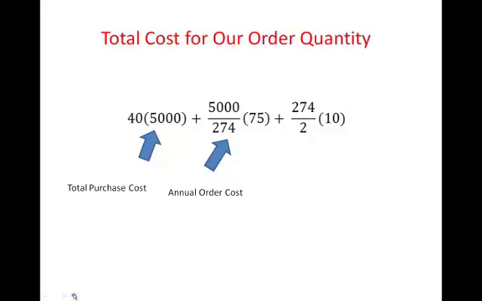Then we want to calculate our annual holding cost. We'll take our order size of 274 and divide by 2. That'll give us our average inventory amount on hand. We'll multiply that by $10. That's our holding cost over the course of the year.